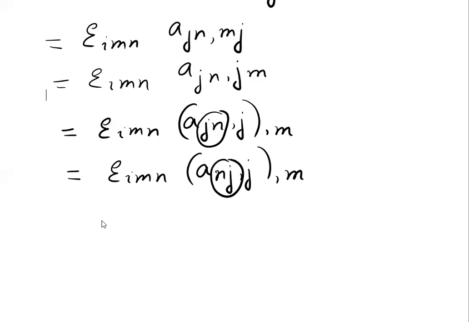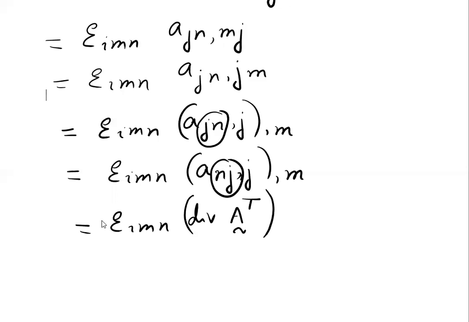And there is a comma also, you should remember that. So that is epsilon Imn, and there is a comma here, right? That's nothing but divergence, because J is dummy there. So divergence of which tensor? A or A transpose? If I take A, that is the previous step. But here I've reversed it, Nj. Remember, I've interchanged rows and columns. So it is divergence of A transpose.